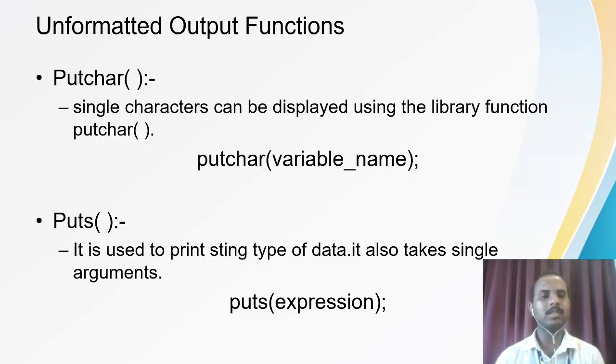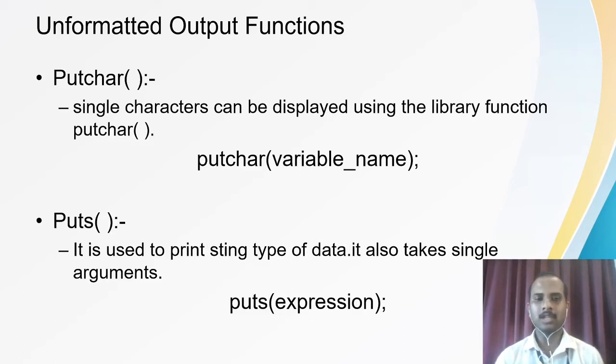For example, in the previous thing we had gets string, right? So whatever line you have entered is stored in string, correct? So instead of gets, I can now do puts. So puts string means the value which is present in the string will be displayed on the screen.